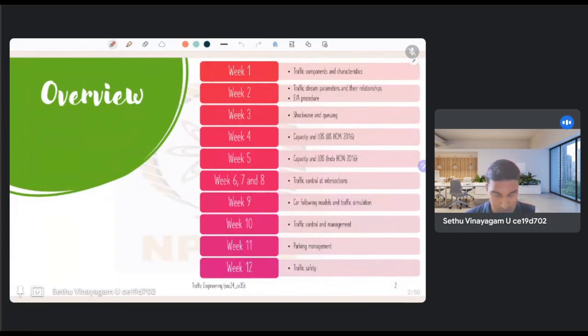So we had 12 weeks, as I was mentioning earlier. In the first week we were looking at a basic introduction to what traffic engineering is. We were looking at the different traffic components and their characteristics.